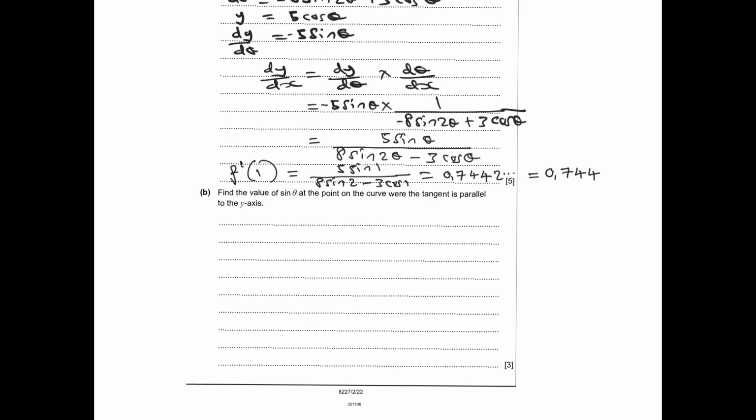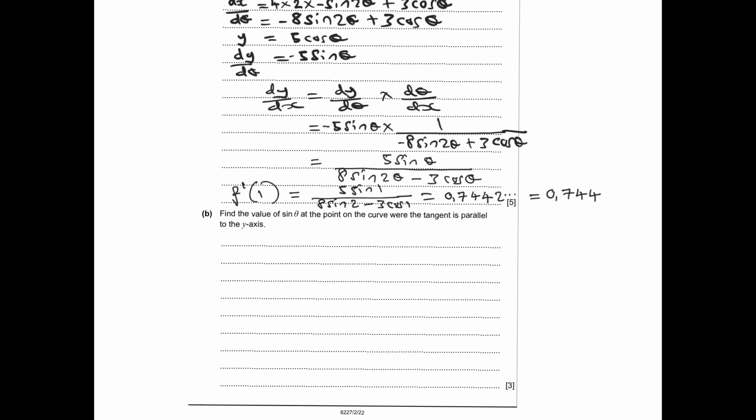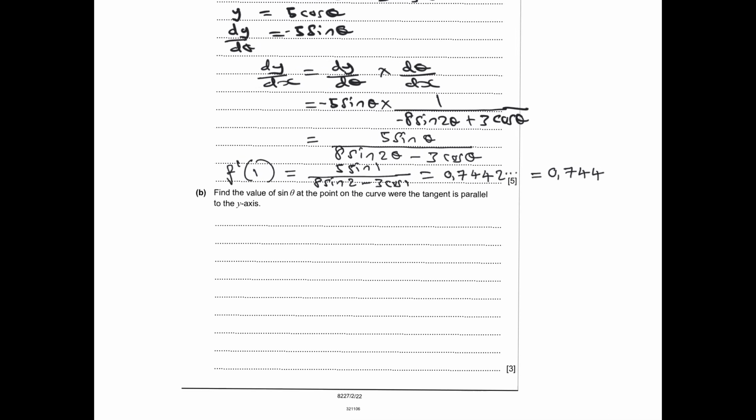Now moving on to the second part of the question, which is B. Find the value of sine theta at the point on the curve where the tangent is parallel to the y-axis. Let me give you a visual understanding of what is happening.